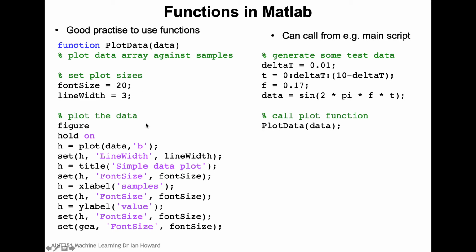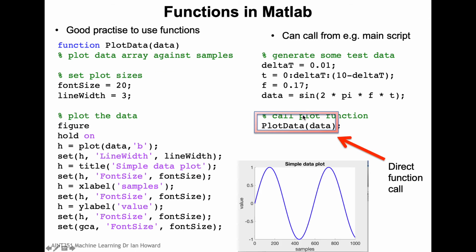Then, provided it's in the path of the main script, you can call this from a script. So you can generate some data here, and then call this function directly, and it'll do something useful, hopefully. Functions are very nice ways of writing things, so you can reuse them very easily. Also, it's nice to split your code up into smaller chunks.